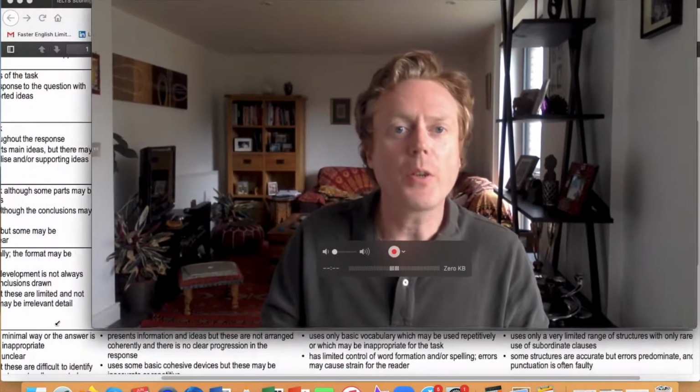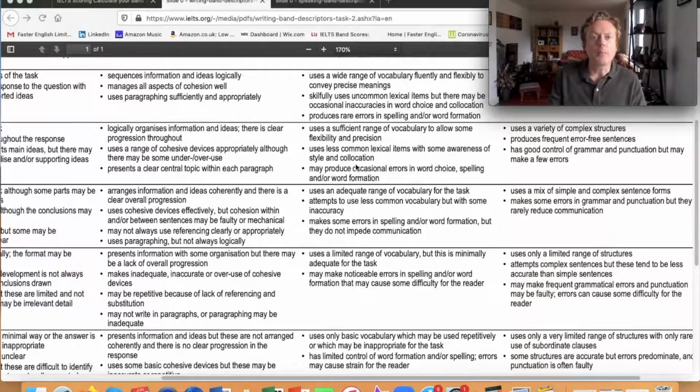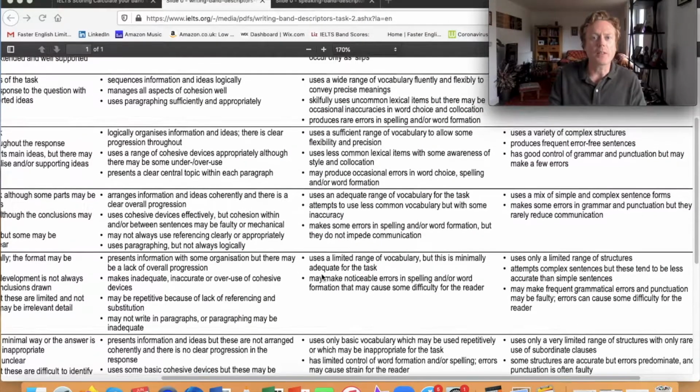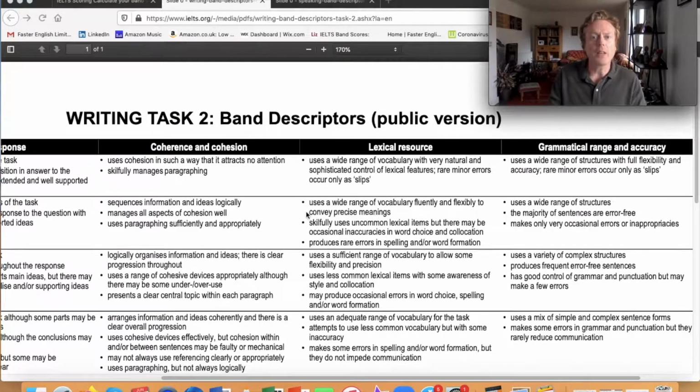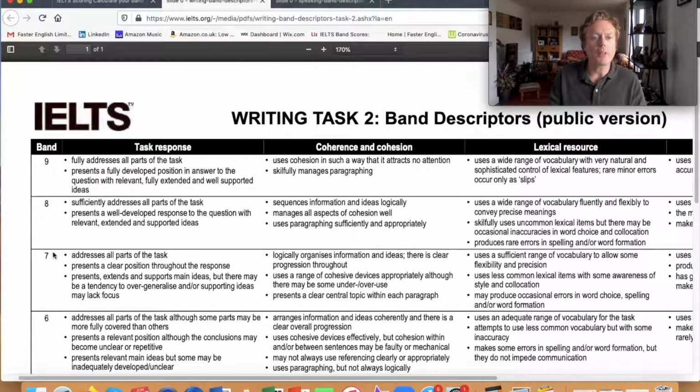And I'm going to show you the marking criteria and band descriptors for IELTS here. So here we have the writing band descriptors. You can see over here we have the different scores, band 6, 7, 8, 9, and at the top we have different marking criteria.